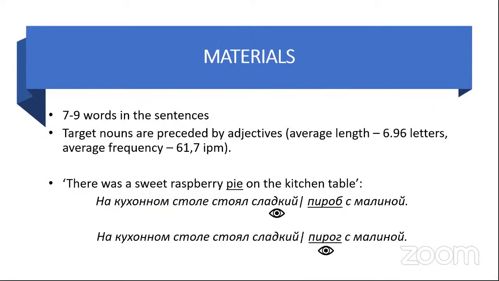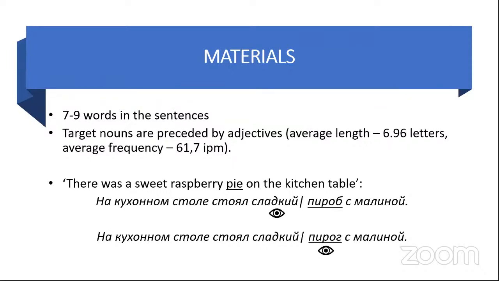All target nouns are embedded in sentences which are from 7 to 9 words long. All target nouns are preceded by adjectives, and we have placed an invisible boundary after the last letter of an adjective. So here you can see an example of a sentence: "There was a sweet raspberry pie on the kitchen table."